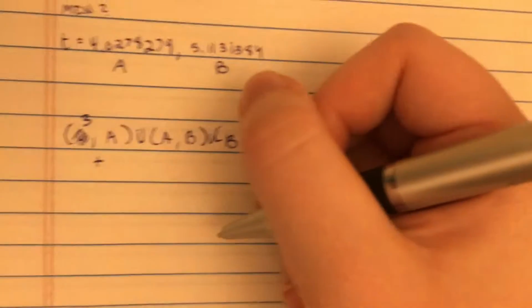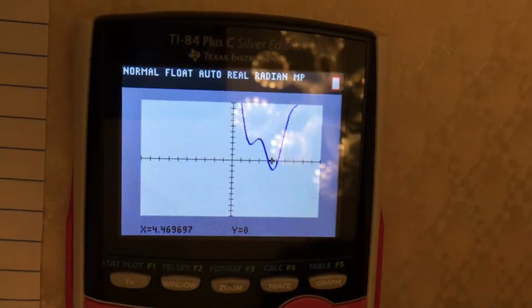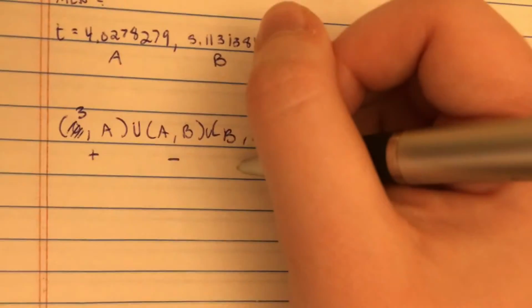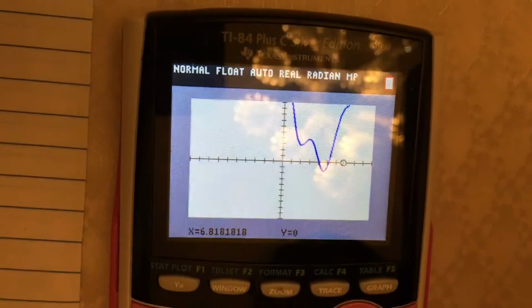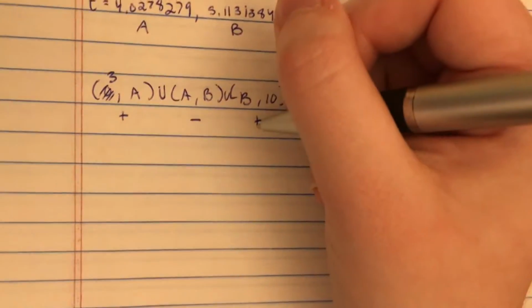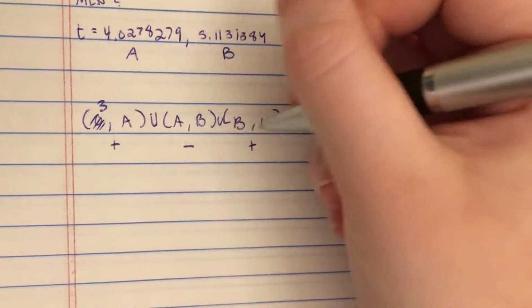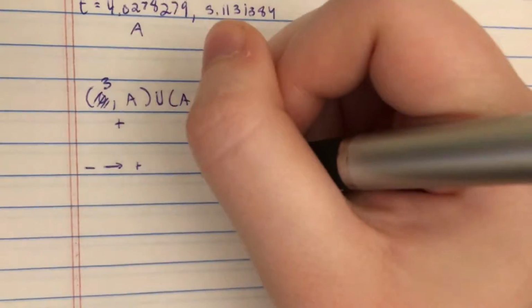And then from A to B, it is negative. And then from B to 10, it's positive. And then the absolute minimum is from the negative to the positive, which is dictated by the point of intersection at B.